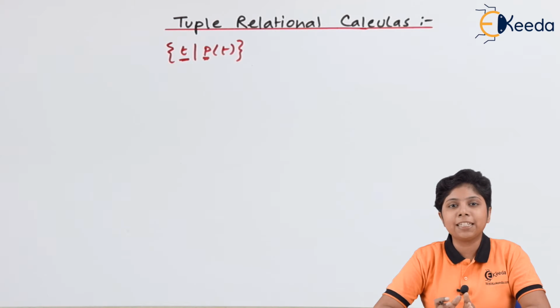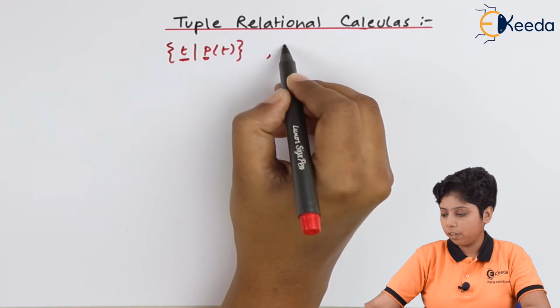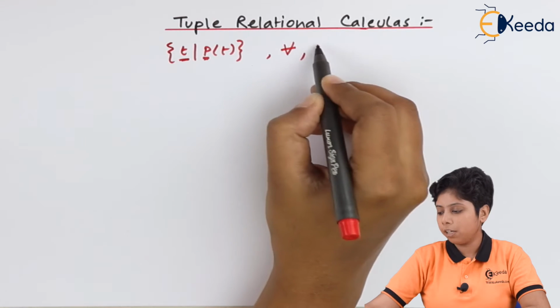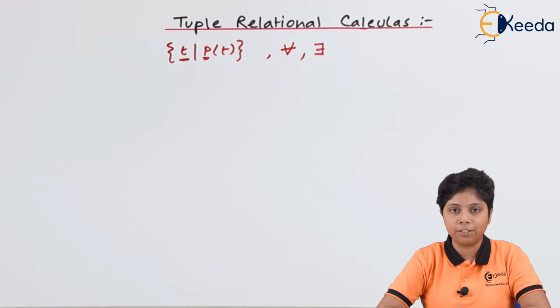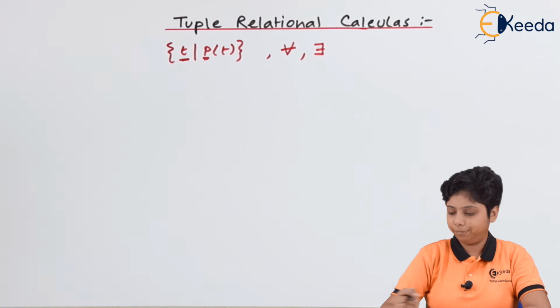Now as it is a calculus, we will use the for all and there exists operators in the tuple relational calculus, and this is its syntax: this is for all and this is there exists in our relational calculus. So now we will construct some more formal definitions on the TRC.